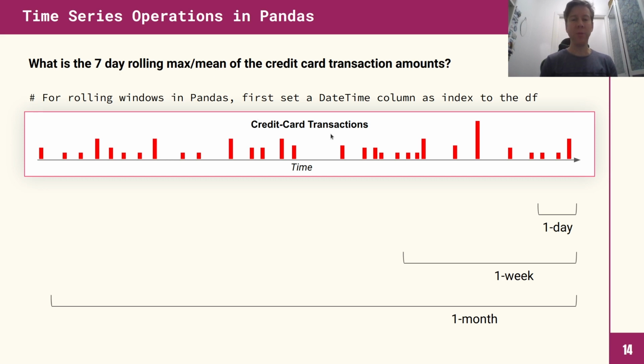If we look at this example, we can see a set of credit card transactions happening over time. What we'd like to do with a rolling window is to say, well, for this 1 day time period here, compute some aggregation over the credit card transactions in that period of time, or a longer window, a 1 week or a 1 month window.